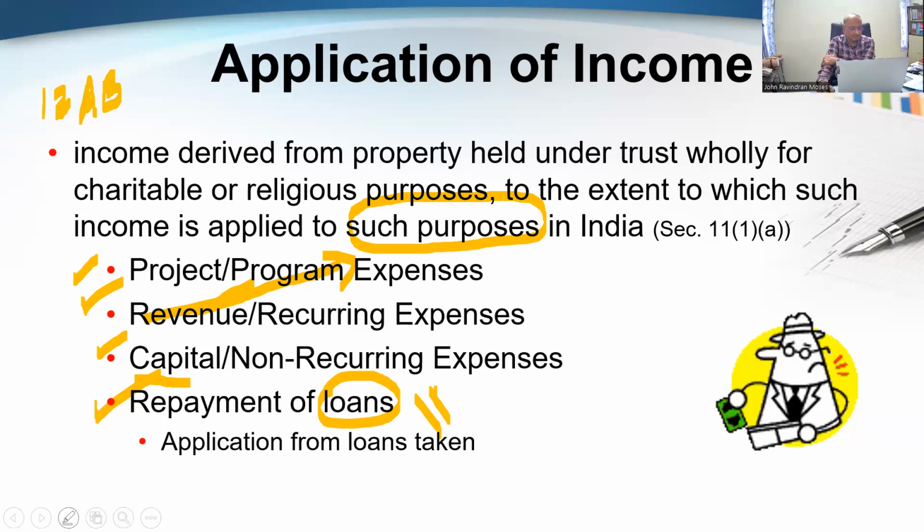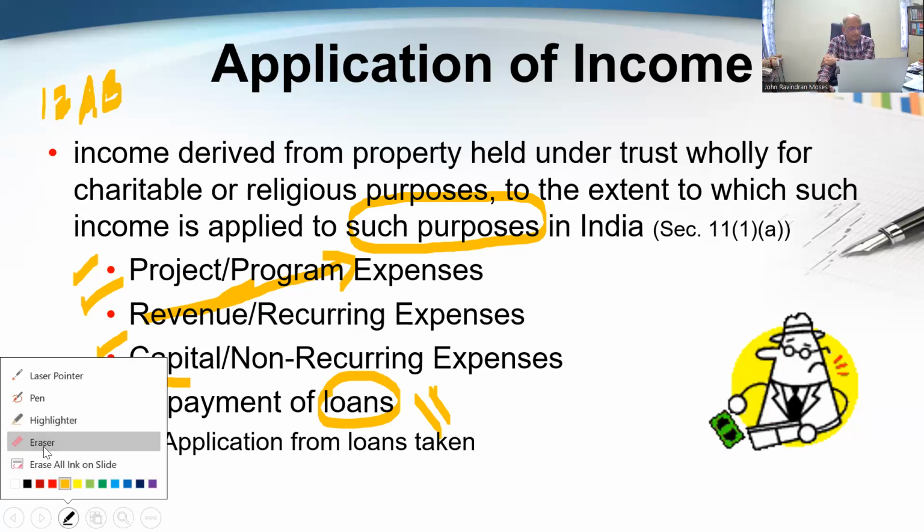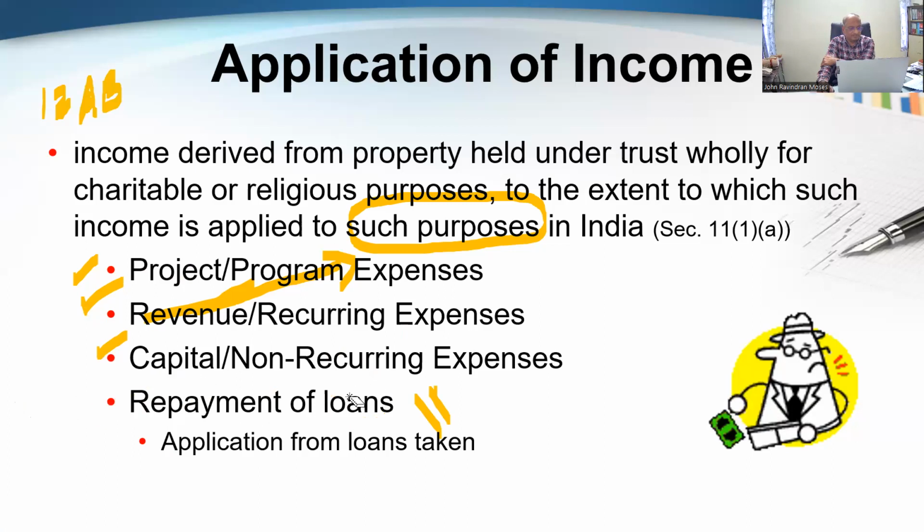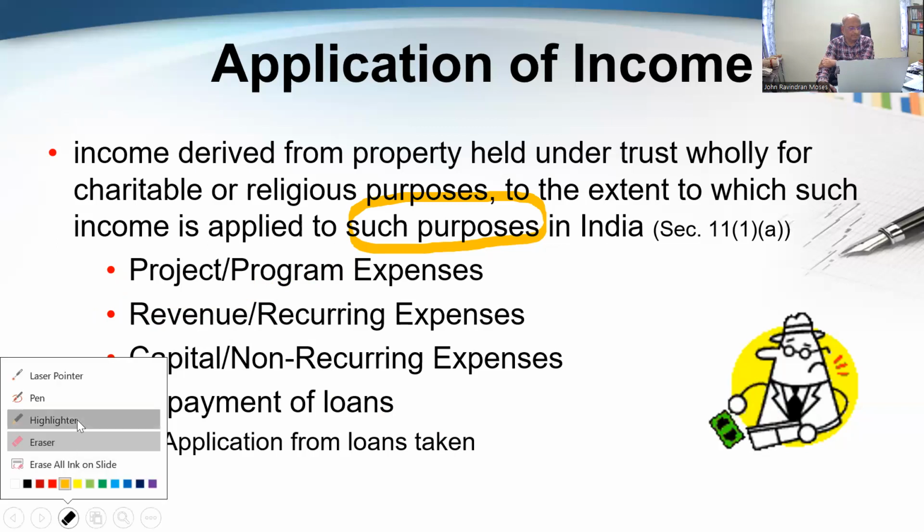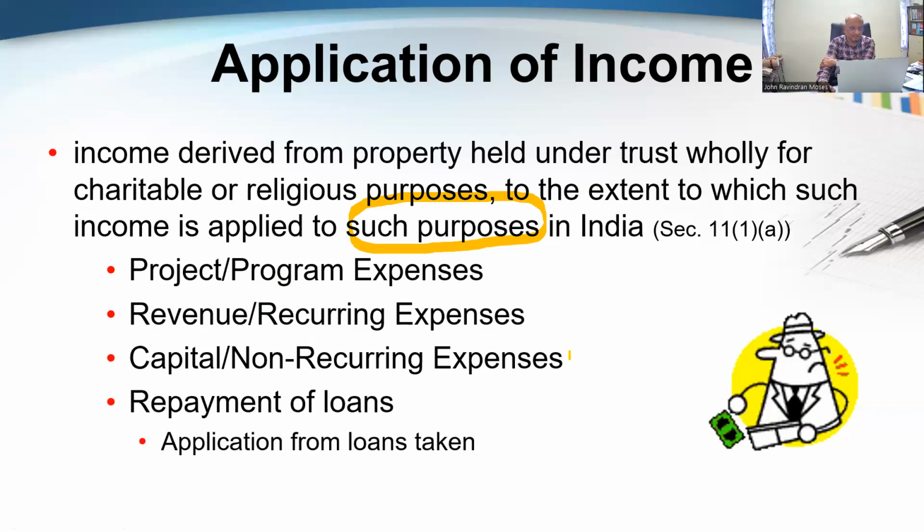When we talk about the capital account, the capital expenses like purchase of vehicle or purchase of computer, all these are allowed as application. Till about a few years back, various courts have said you can even claim depreciation also. They allowed even depreciation, but now depreciation is not allowed.